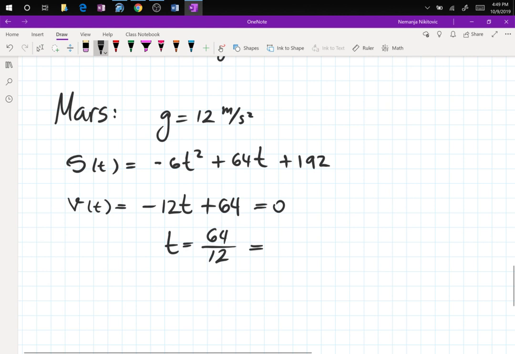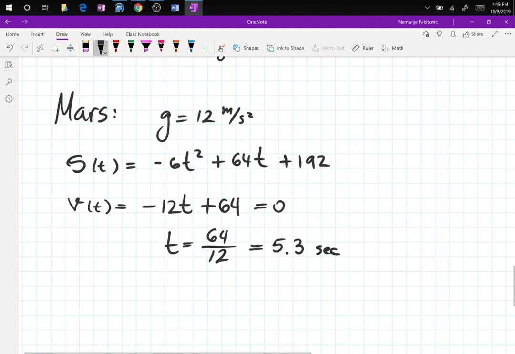It's 5.3 seconds. So you throw something upward on Mars and you have to wait 5.3 seconds to reach the max height. So max height happens in time at 5.3 seconds.